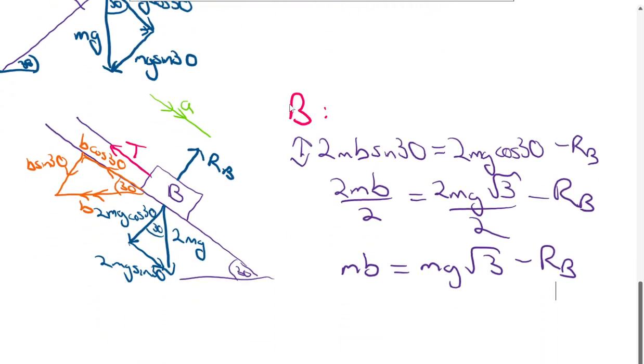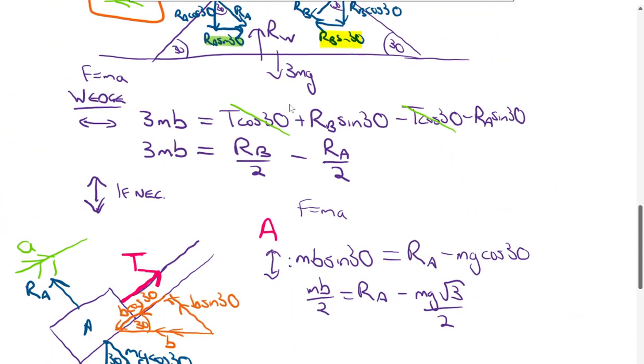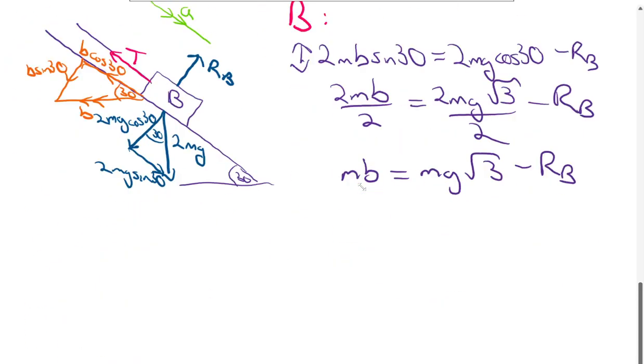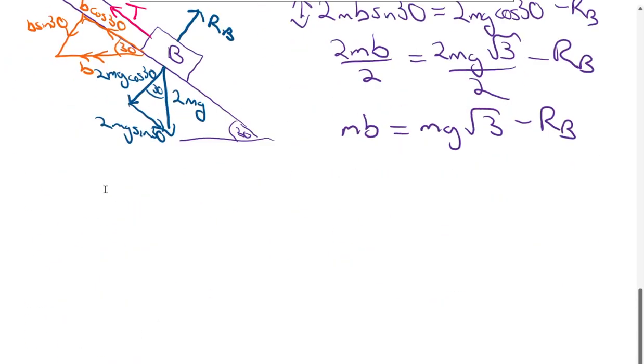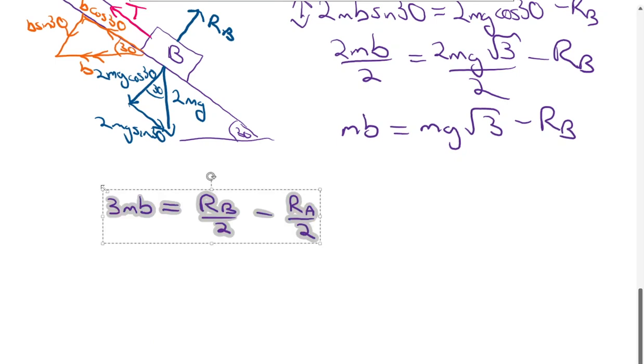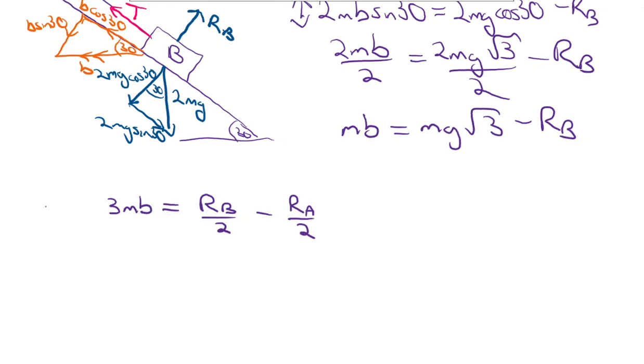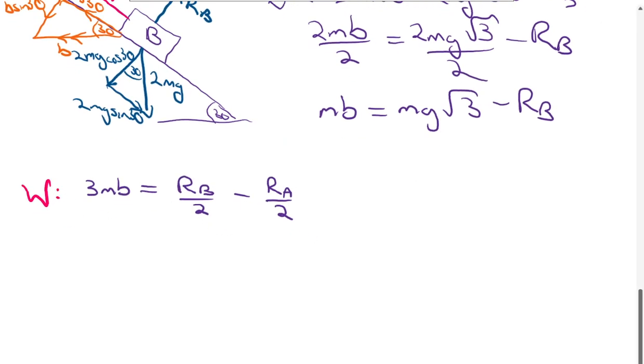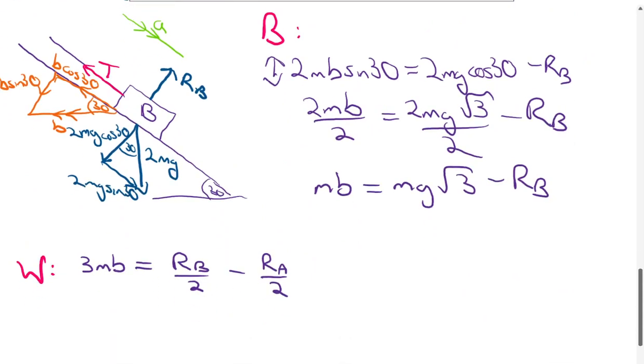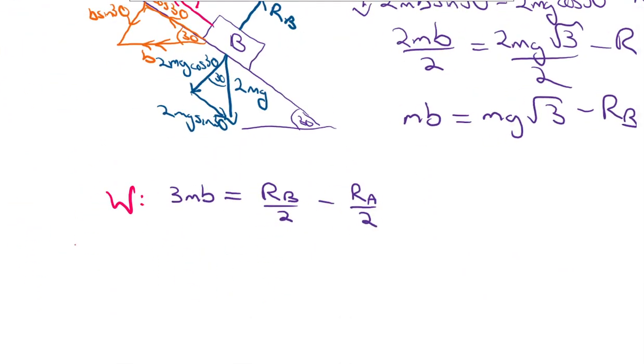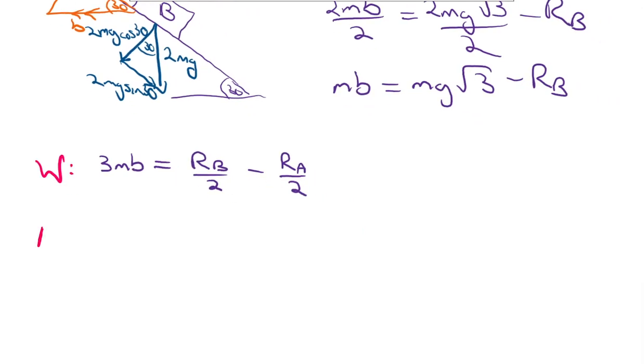with C. So what I'm going to do, I'm just going to copy the wedge equation down. I know I normally call them 1, 2, 3, but actually I'm just going to call it W, A, and B here, just so we know what we're talking about. So that's our W. So W is that thing. Okay. Our A equation is A equation, and then we're going to have a B equation.